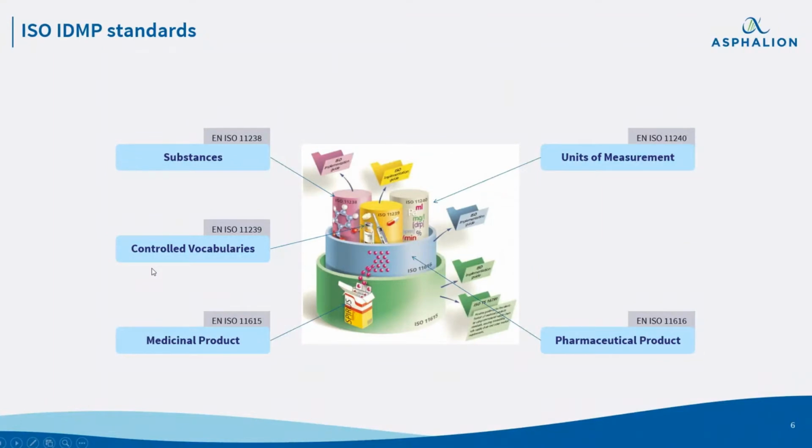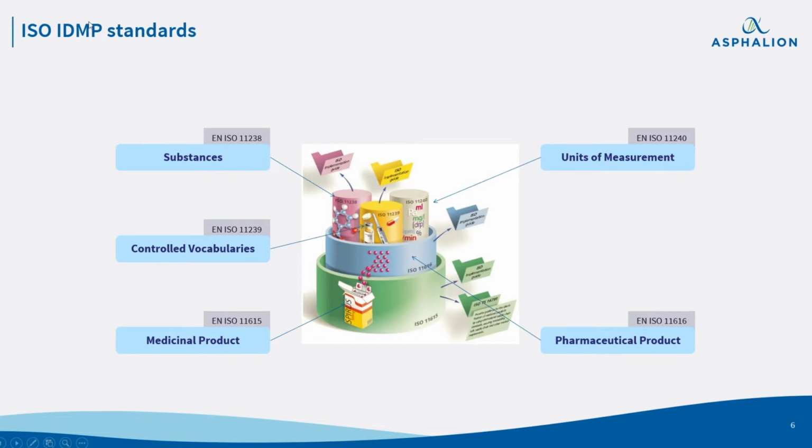So I've said a lot the word standard, and this is because ISO IDMP actually comes from the ISO, this is a standardization organization. So let's not lose focus of this, because this is something global. We are not talking only about Europe. Although we will focus on the approach of EMA on the application of those standards made by the ISO.